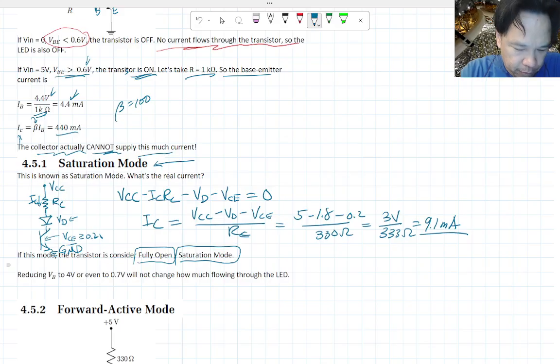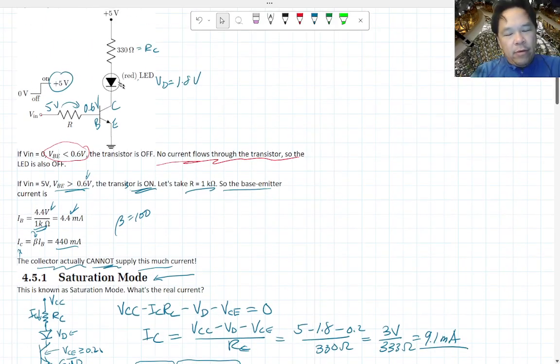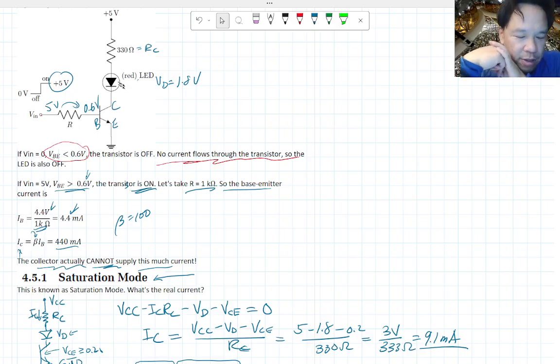Okay. In this mode, let's say my little switch doesn't give me 5 volts. It's actually giving me 4 volts, right? We made a DC power supply that has too much of a ripple voltage, for example.